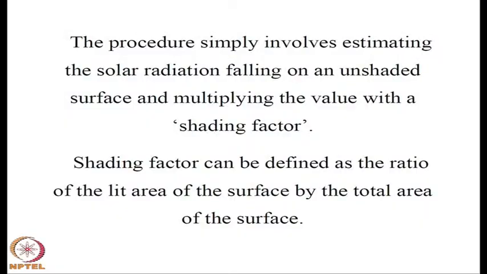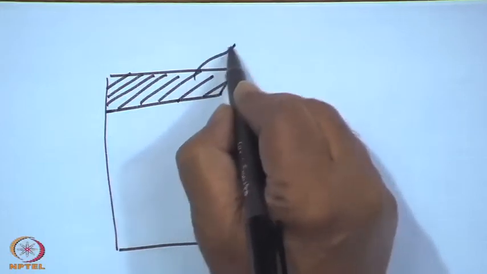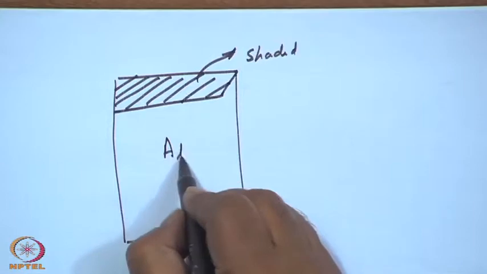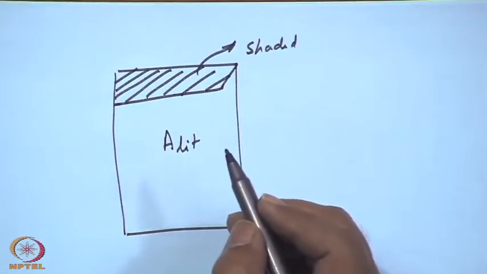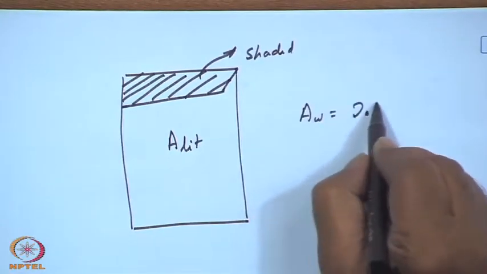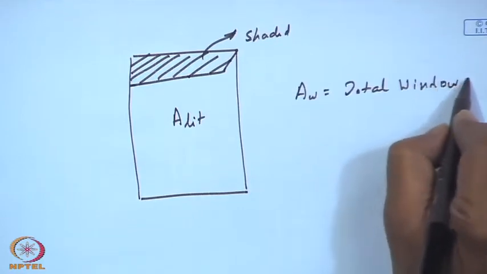So, the shading factor can be defined as the ratio of the, if you look at it like this, I am interested in this part, this is shaded, and the remaining area is lit by the sun, and AW is the total window area.